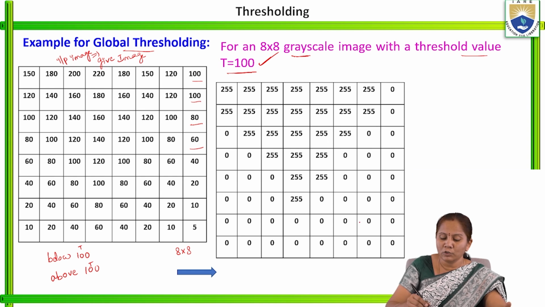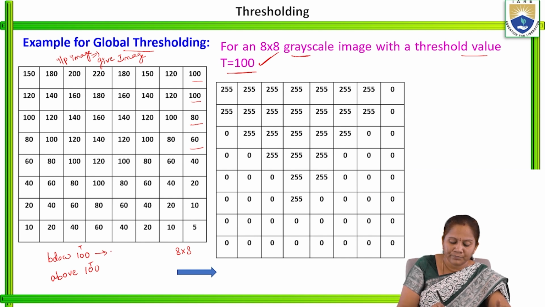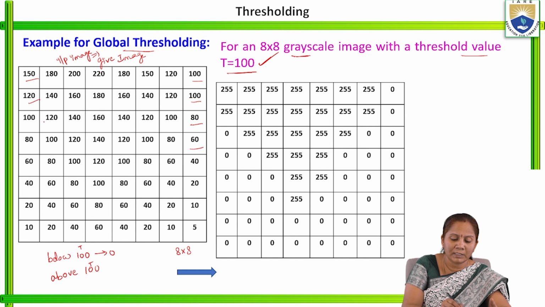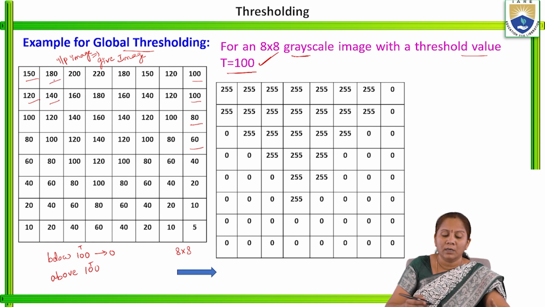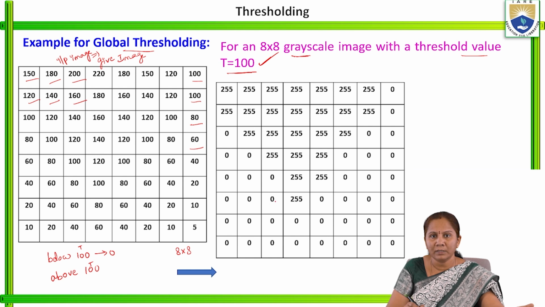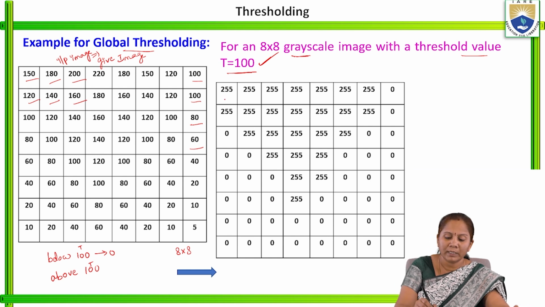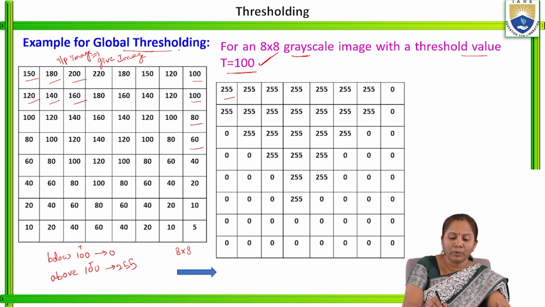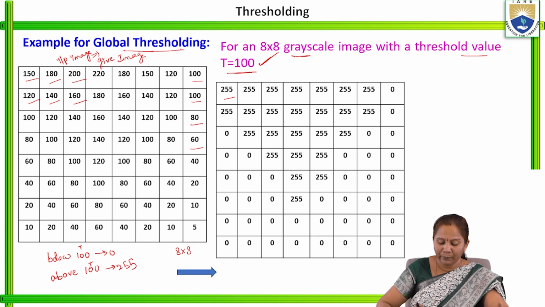So whatever the values are below 100, we have represented with 0. And we can see different intensity values, some of the intensity values that are above 100. So we have represented those with another value, that is 255. So this is global thresholding.